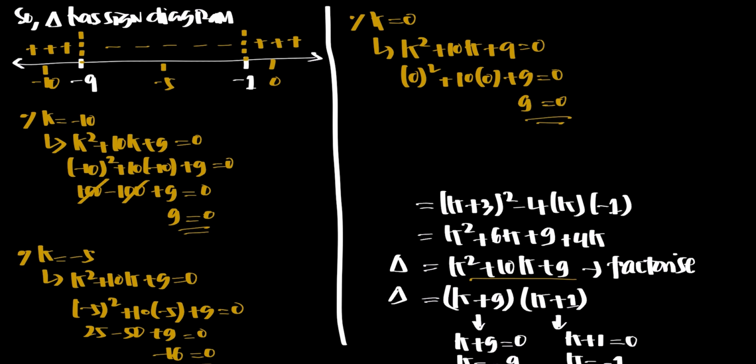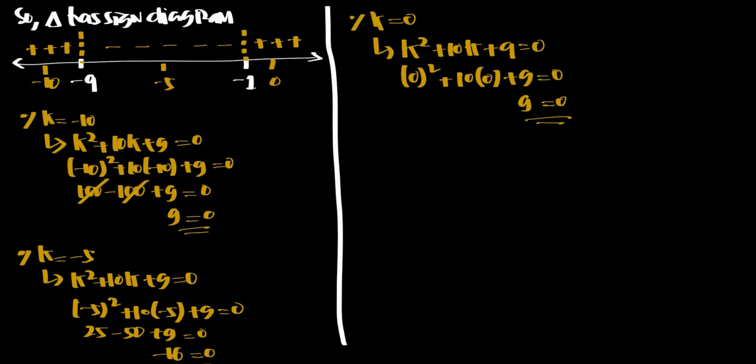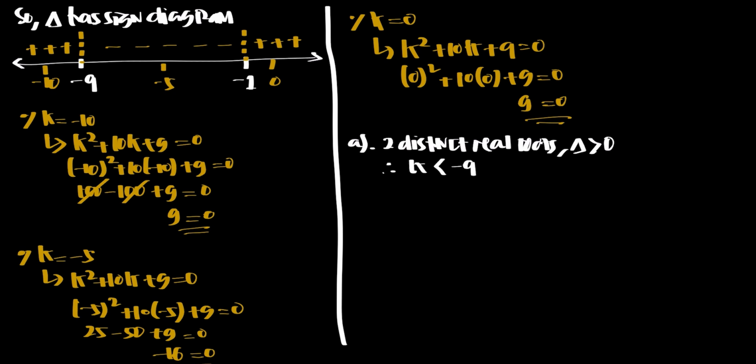Now to answer the other parts. For a, two distinct real roots, when delta is bigger than 0. So then k smaller than -9, or k bigger than -1, where k is not equal to 0.